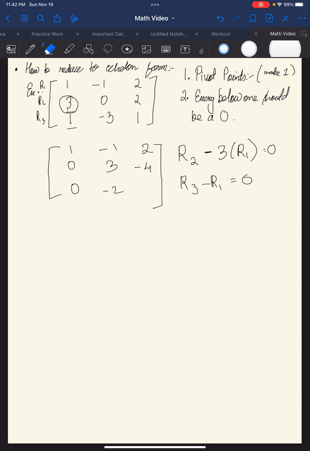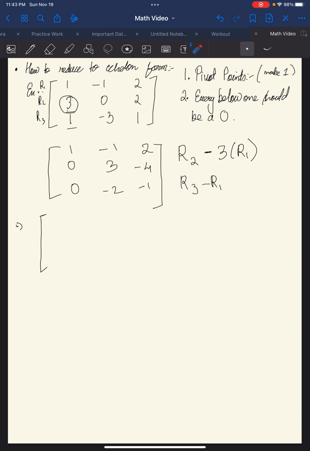And 1 minus 2 will give us negative 1. This is the matrix after the first step of row operations.